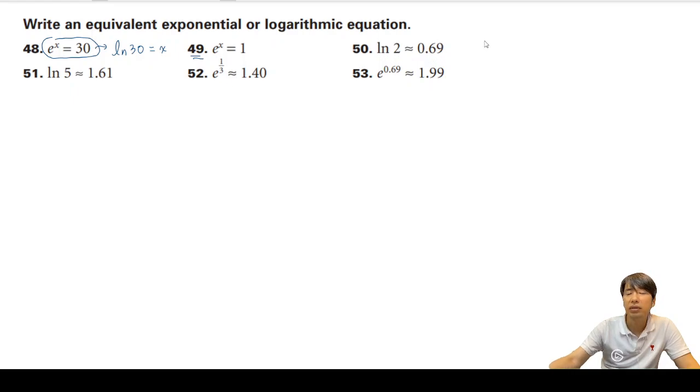How about this? This is ln, so base e to the power of what? This thing, 0.69, then you'll get 2. So it is approximately equal to 2. I think you can do 51. I think you can also do 52 and 53, but I'm going to go over 52.